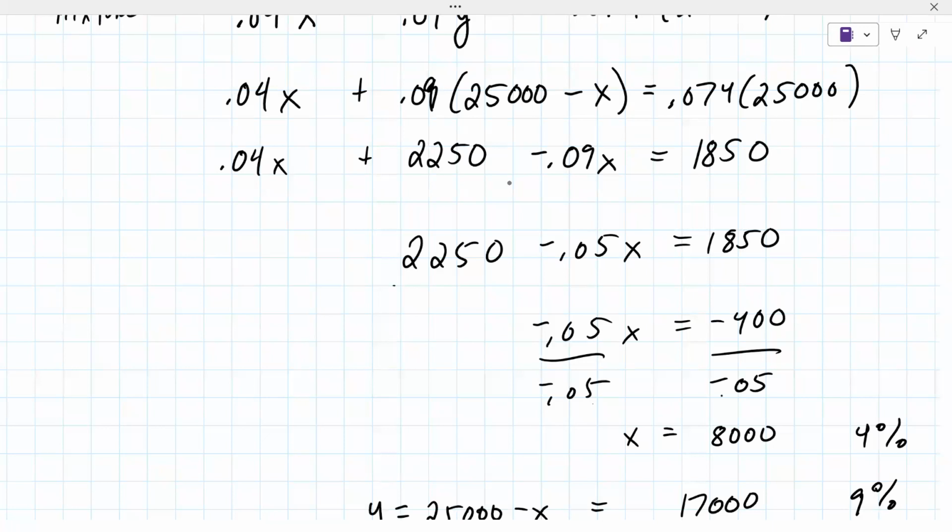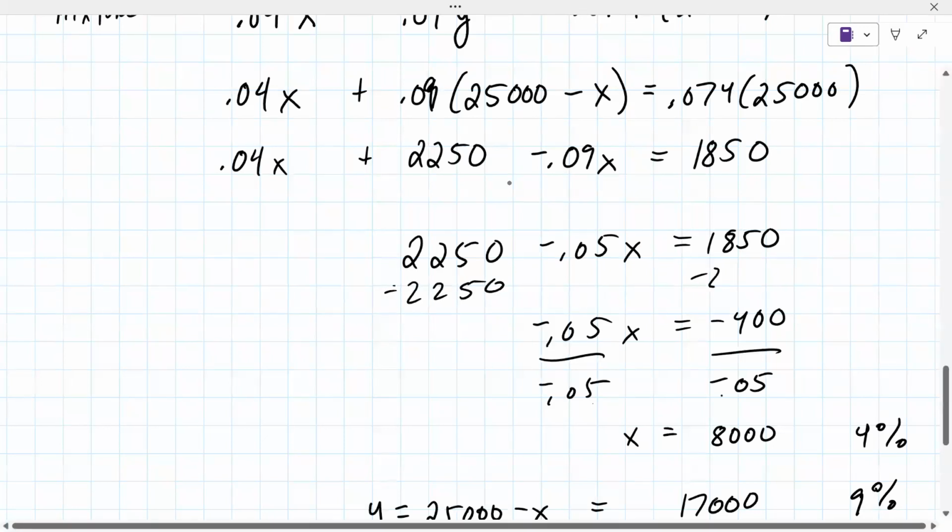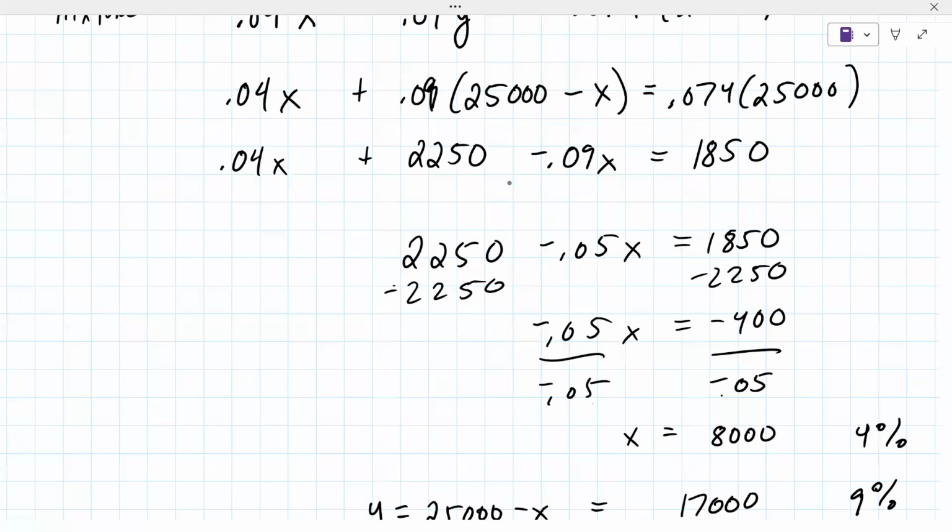Did you divide just by? Yeah, you divide by negative 0.05. How did you get negative 400? You subtract the 2,250 from both sides. Yeah, it sounds like you're going to have to make sure you get a nice answer when you're working through these, or you're going to have to redo them.